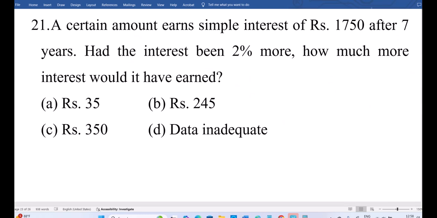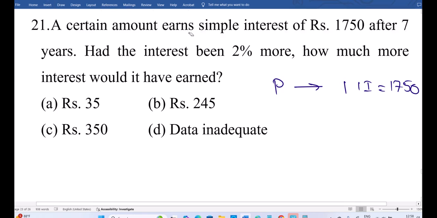See, you don't know the principal value, but it becomes 1750. Principal plus interest become 1750. Sorry, that is interest only. Only the interest is given. So you have the rate of interest we can obtain from that.